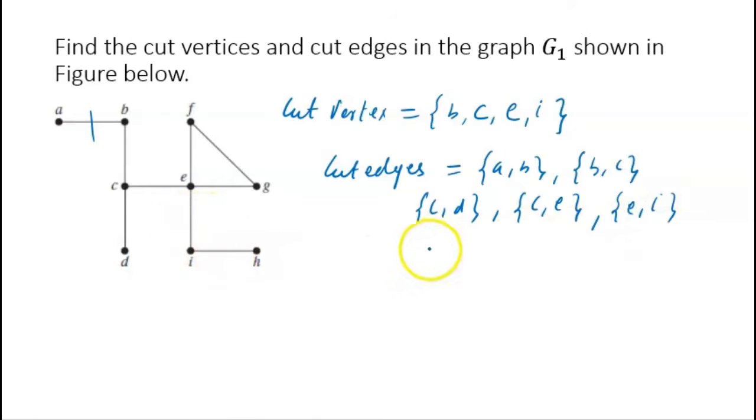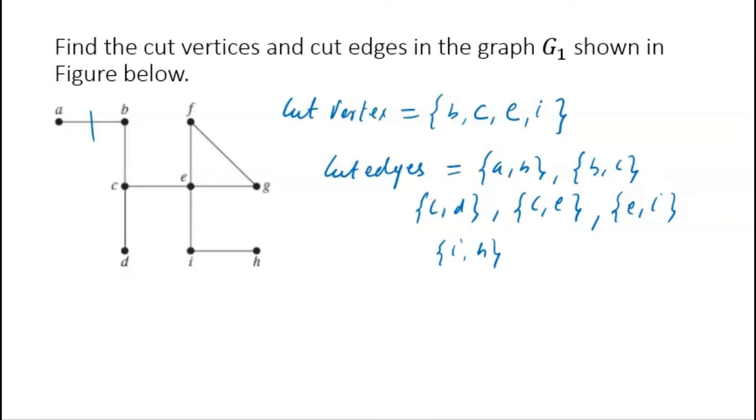IH will also be a cut edge, because if I remove IH, H will become disconnected. Now EF, EG and FG will not be cut edges. So the cut vertices are B, C, E and I, and the cut edges are AB, BC, CD, CE, EI and IH. 1, 2, 3, 4, 5, 6. So there are 6 cut edges and 4 cut vertices.